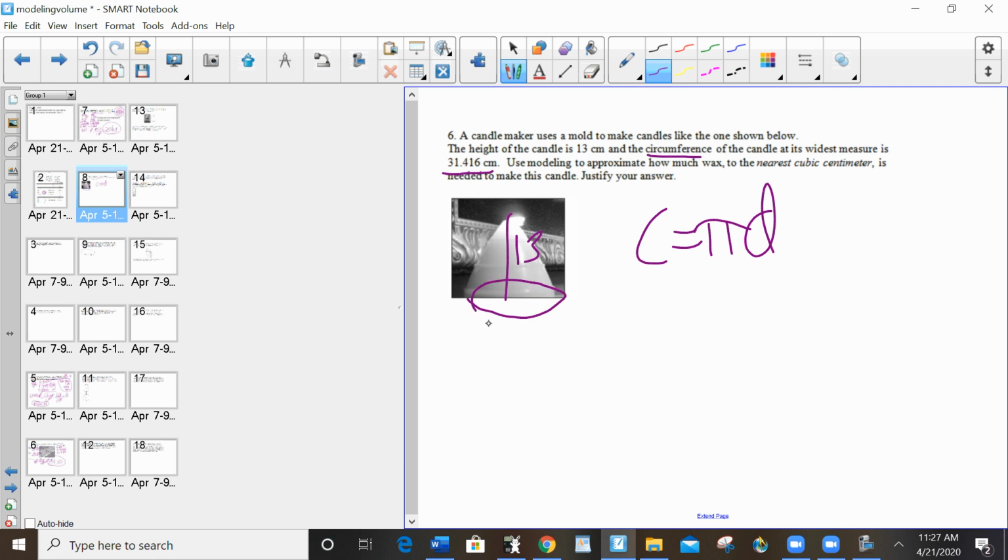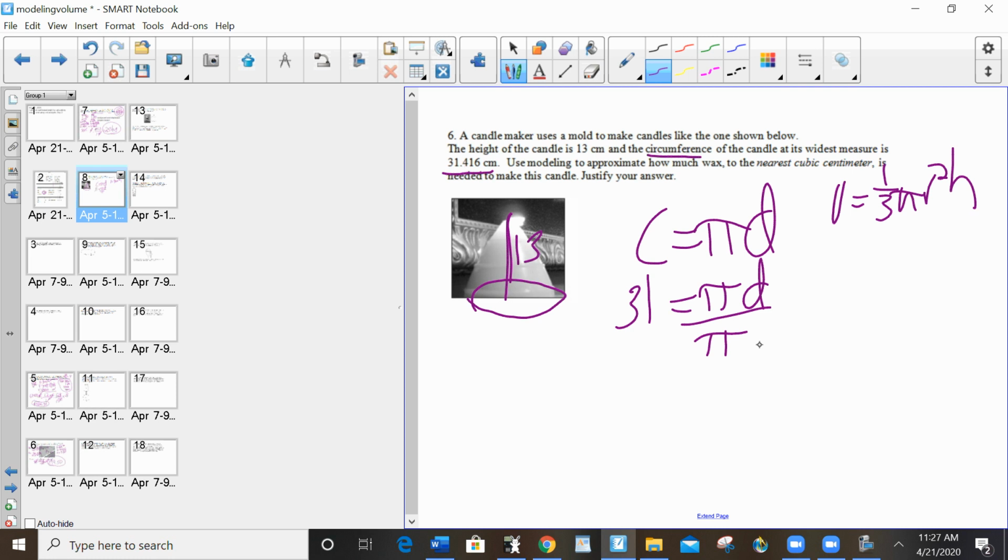Well, that's great and all, but in order to find the volume, which is 1/3 pi r squared h, I need to know the radius, I need to know the height. I have the height, I need the radius. Well, using this formula, I can find the diameter.